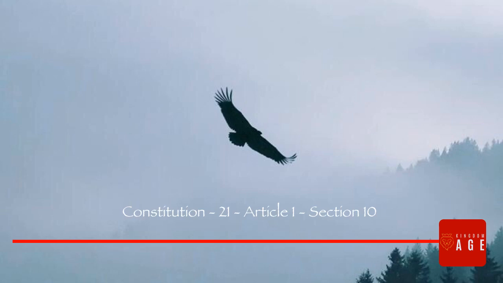Lastly, the guarantee clause of Article 4, Section 4 deals primarily with the threat of invasion, for which either congressional or presidential intervention is then contemplated. The mechanics of all these provisions are exceedingly complex and are set out in the Constitution.